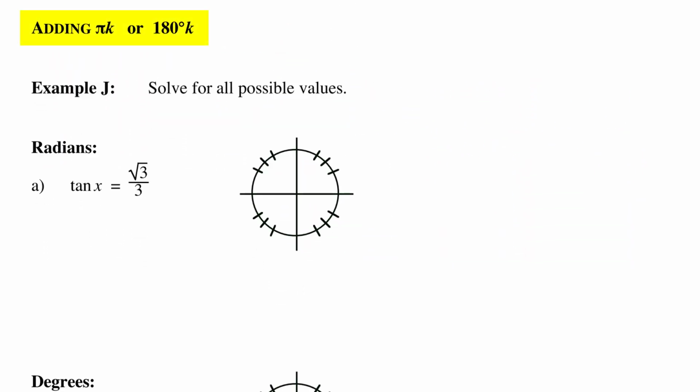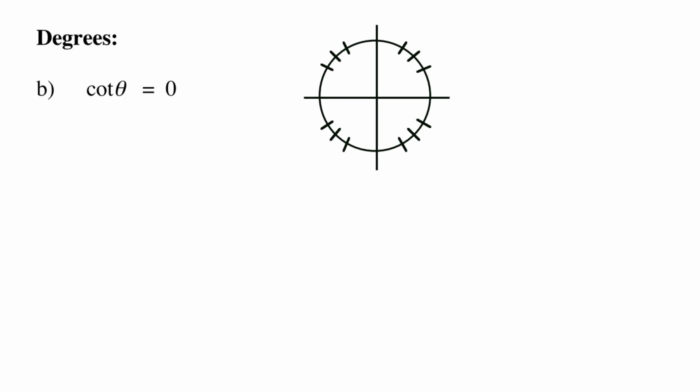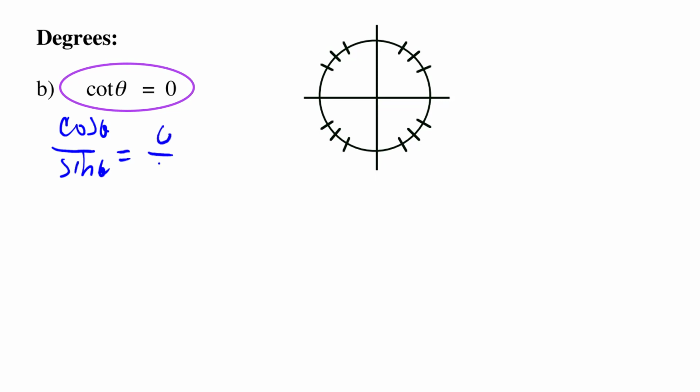All right, now we're going to take a look at an example where we actually only need to add pi k, or 180 degrees k. Now I'm going to start with part B of this, with degrees. And we're trying to find where cotangent of theta is equal to 0. Now cotangent, of course, is cosine over sine, and for the fraction to be 0 means 0 over either positive 1 or negative 1.